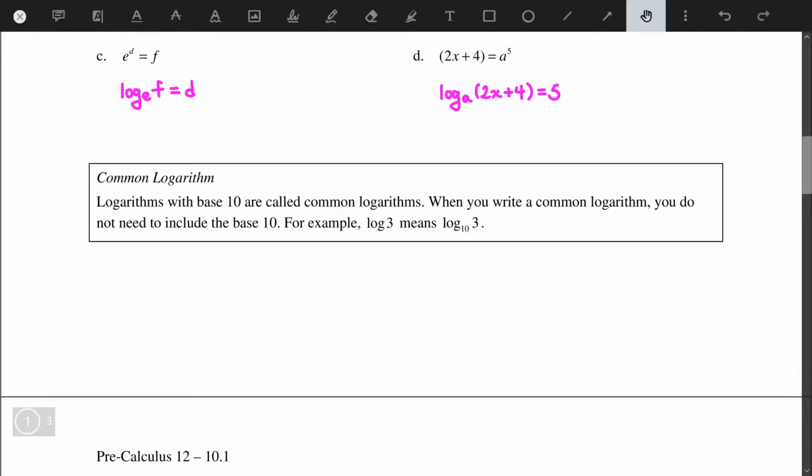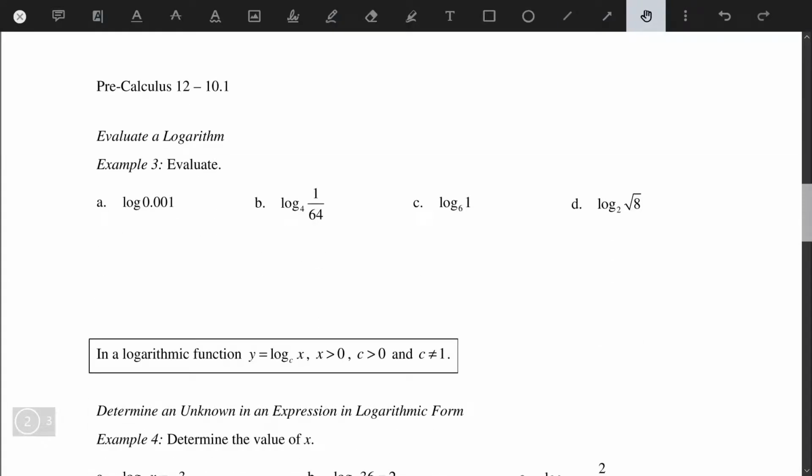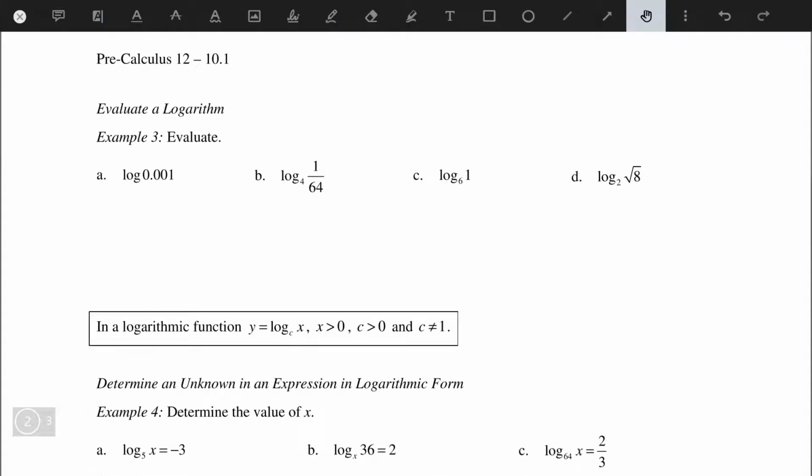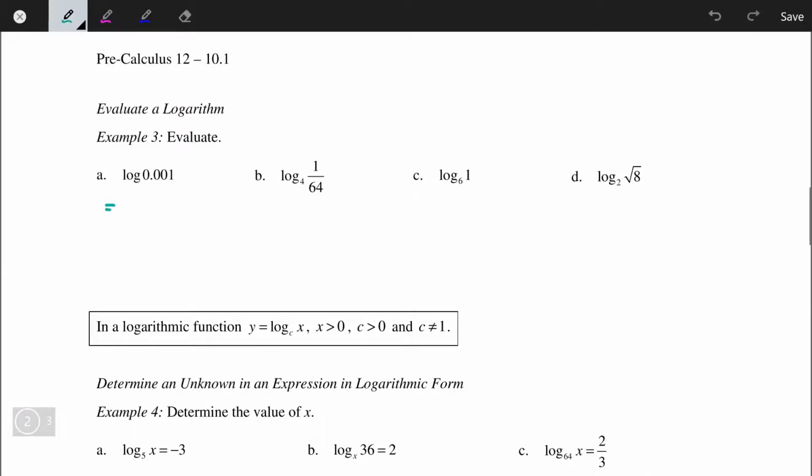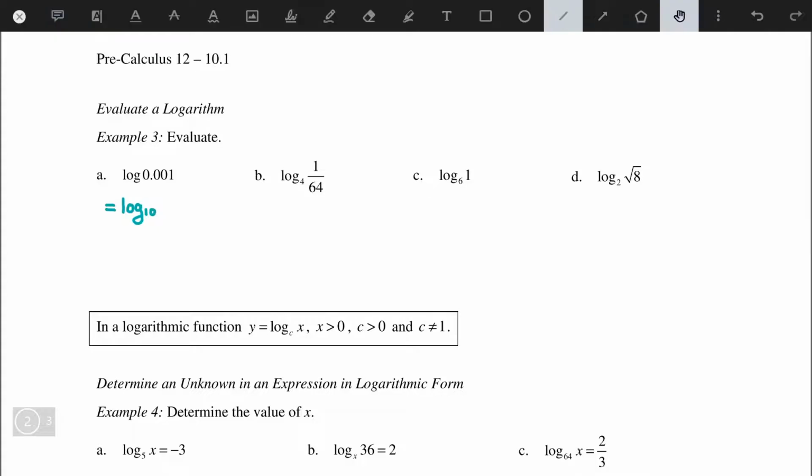Now that we have an idea on how to convert between exponential and logarithmic form, we will use that to evaluate logarithms, starting with number 1, example 3a. So we have log 0.001. Given what we know from before, we know that this is log base 10, and we can also rewrite 0.001 as a fraction, and that will give us 1 over 1,000.